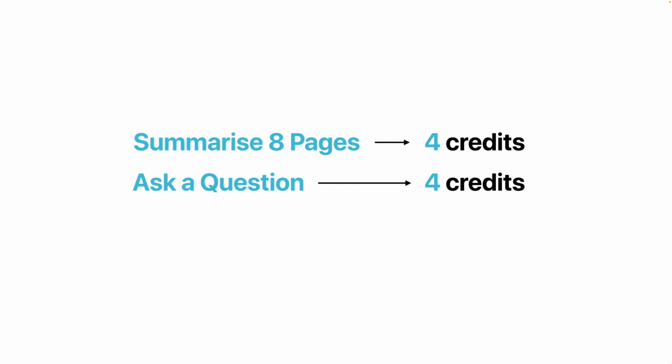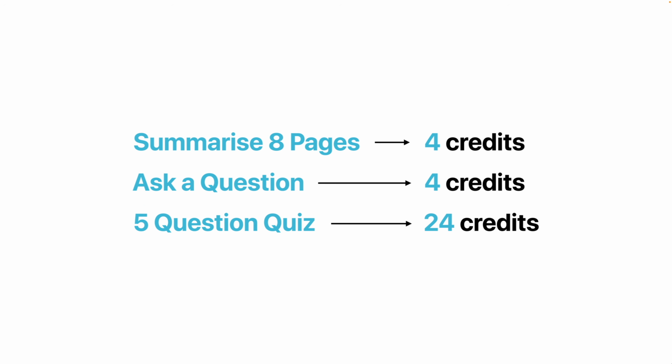When I did go into the 5-question quiz that you saw earlier, I noticed that consumed 24 credits. I'm not exactly sure how many credits it takes to generate a hand-drawn diagram, but that would be good to know. And if anyone manages to figure that out in the comment section, please let me know. I'd be interested in figuring that out. Honestly, I think you have more than enough credits per month.